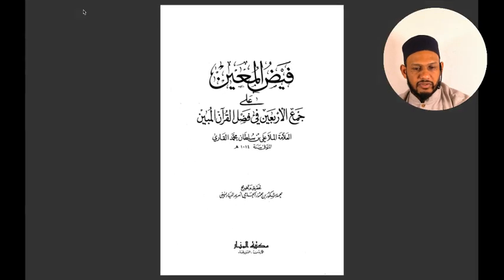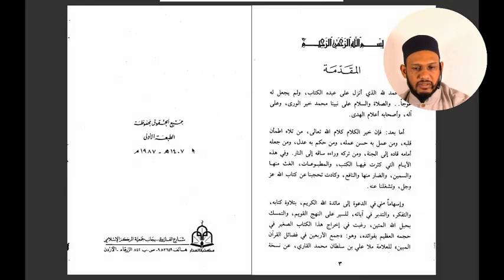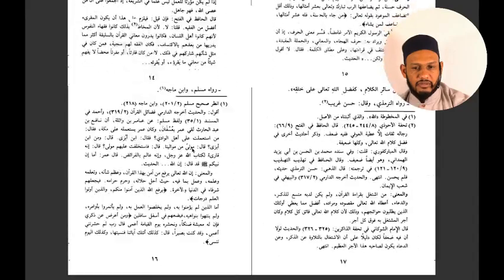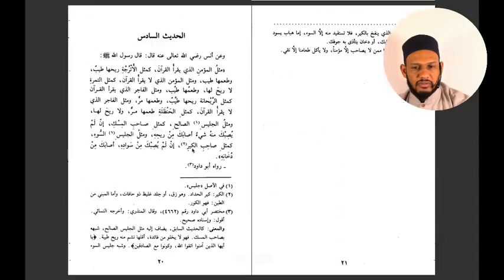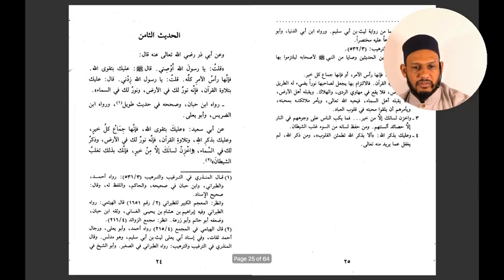So this book here, for example, is a sharh of that book. So we are at hadith number 8.